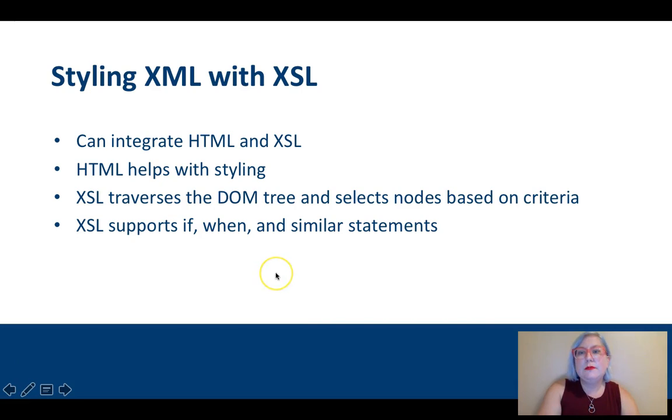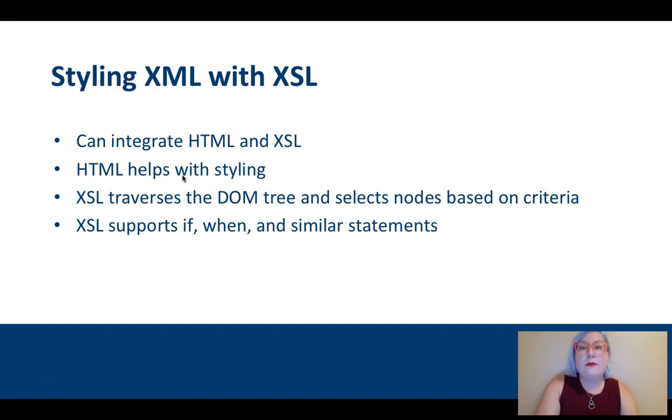If we want to style XML with XSL, it's fairly similar. It's just that the language is a little bit different. The cool thing is that we can use XSLT to integrate HTML and XSL. And then, of course, as we know, the HTML helps with styling things, right?